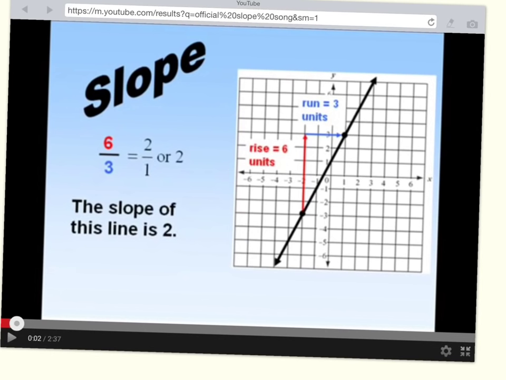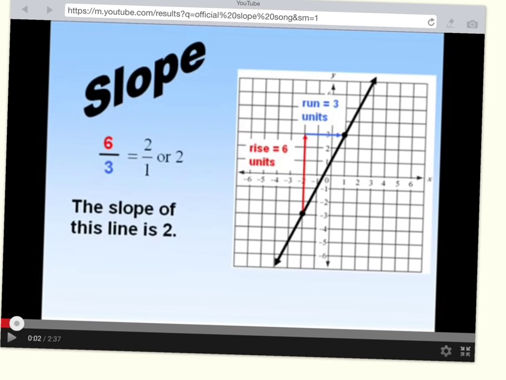As the line moves from left to right, positive slopes go up, negative slopes go down. Y2 minus Y1 goes in the numerator. X2 minus X1 in the denominator.